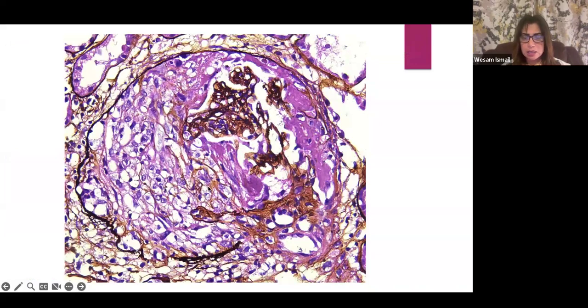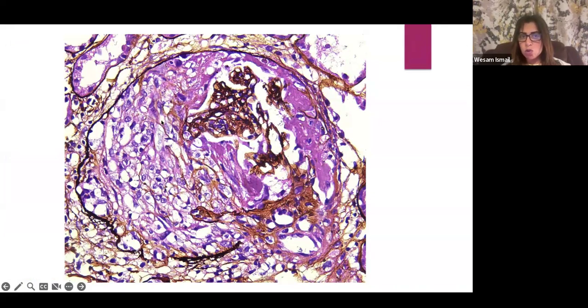Crescents. This is a crescent. And the definition of the crescents has been modified, as I'm going to mention in a few minutes. And this is the tuft. This is what is left of the tuft. And all that's occupying the Bowman space here is a very cellular crescent with fibrinoid necrosis. And there is a difference between having fibrinoid necrosis in the tuft and fibrinoid necrosis in the crescent.